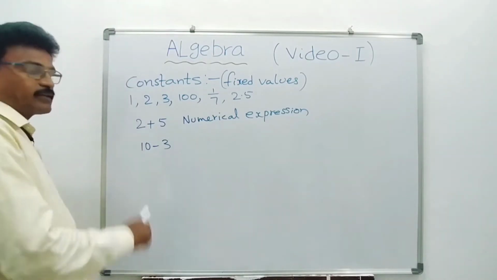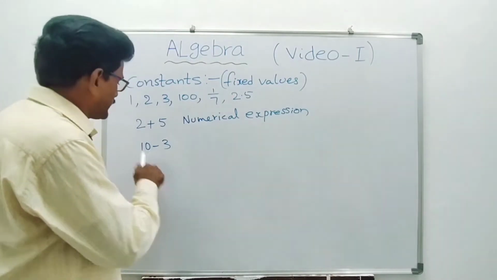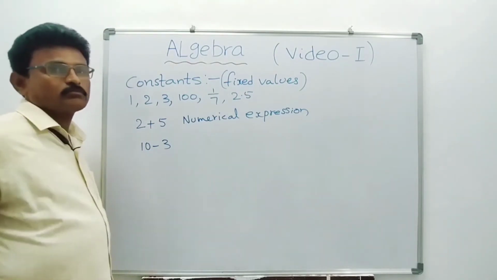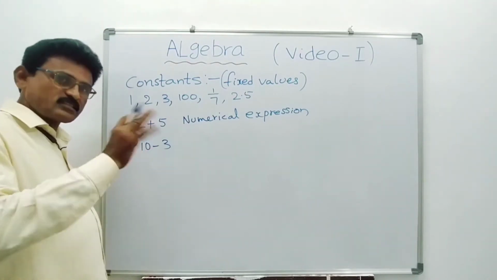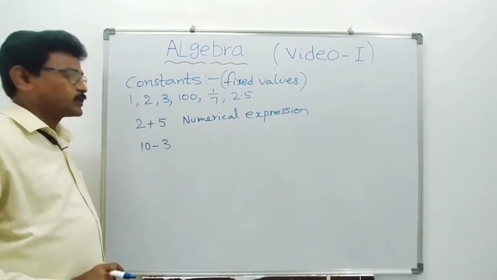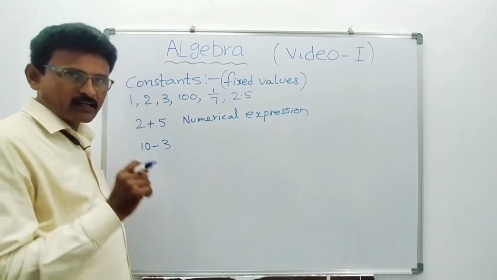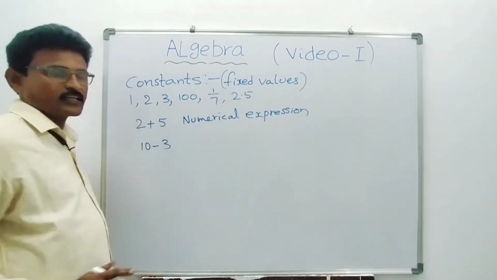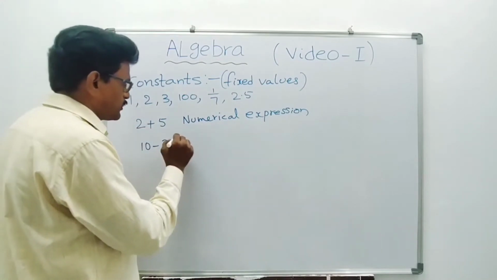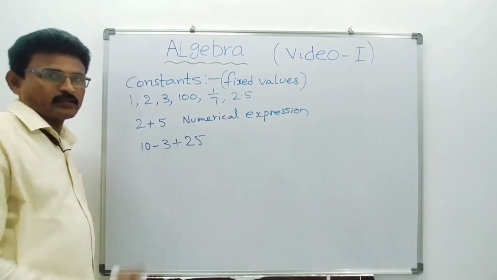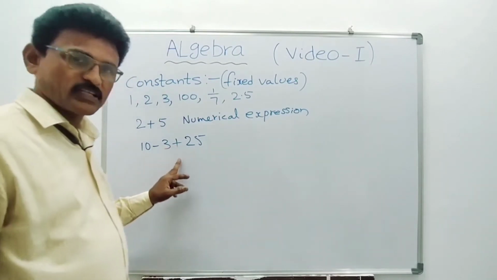This we can write as a statement also: 10 decreased by 3, or 3 removed from 10. Like that, a statement we can write, and that statement changes into an expression. And here we are using only constants. That's why this is said to be a numerical expression. For this, if we add plus 25, here three terms are there: here the minus symbol, here the plus symbol.